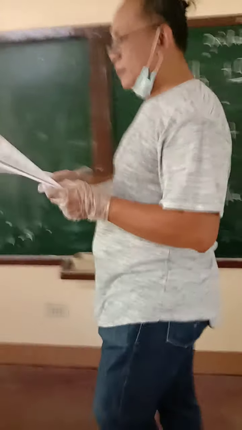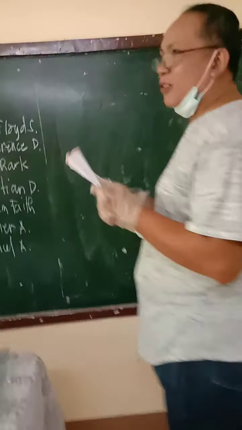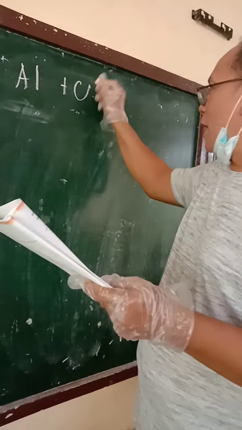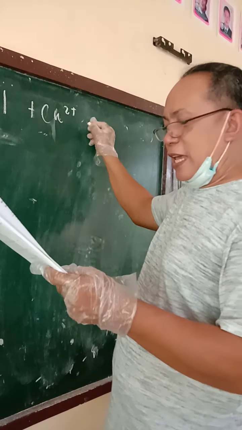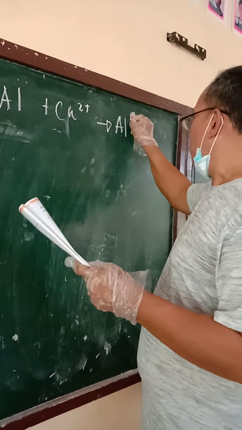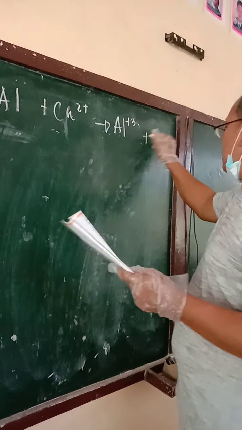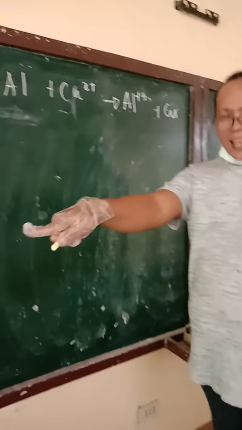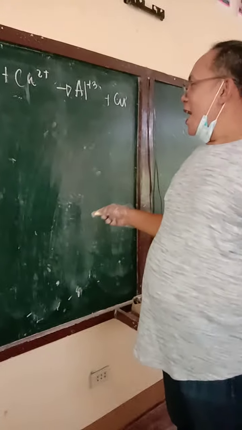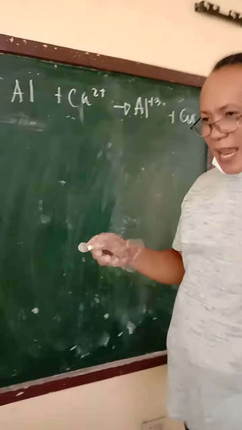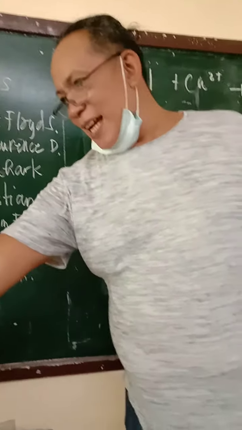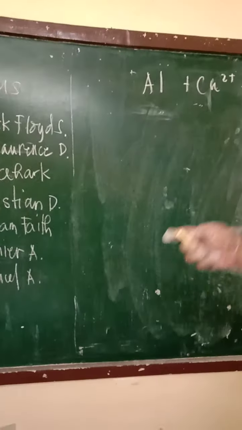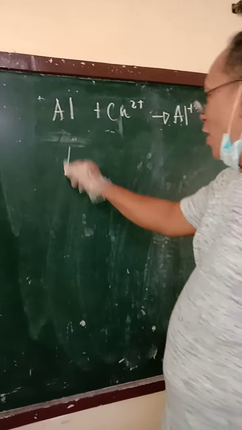Another example. Atong i-determine kung hain ang oxidation or reduction. Aluminum plus copper 2 positive, aluminum positive 3 plus copper. Now look at this one.